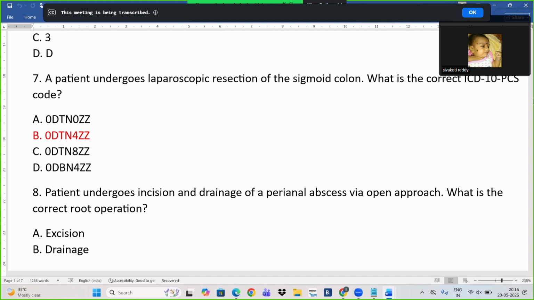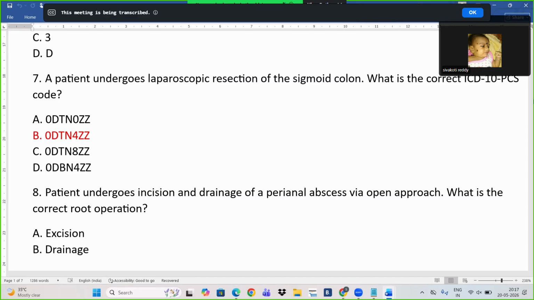What is the correct ICD-10-PCS code? They have given 4 options. While you are reading the question, check the approach they used and identify the root operation. These 2 things we need to identify in the record.